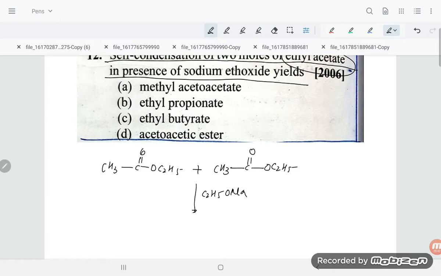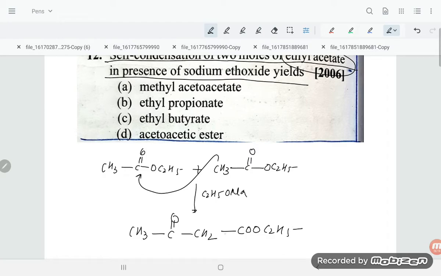Dear student, this is going to be the Claisen condensation, and a water molecule will be lost here. So how will the condensation take place, student? Here will be CH3, this will be CO, and with this CO it is going to attack. Again it will be CH2, right student, and here C double bond O, C2H5.